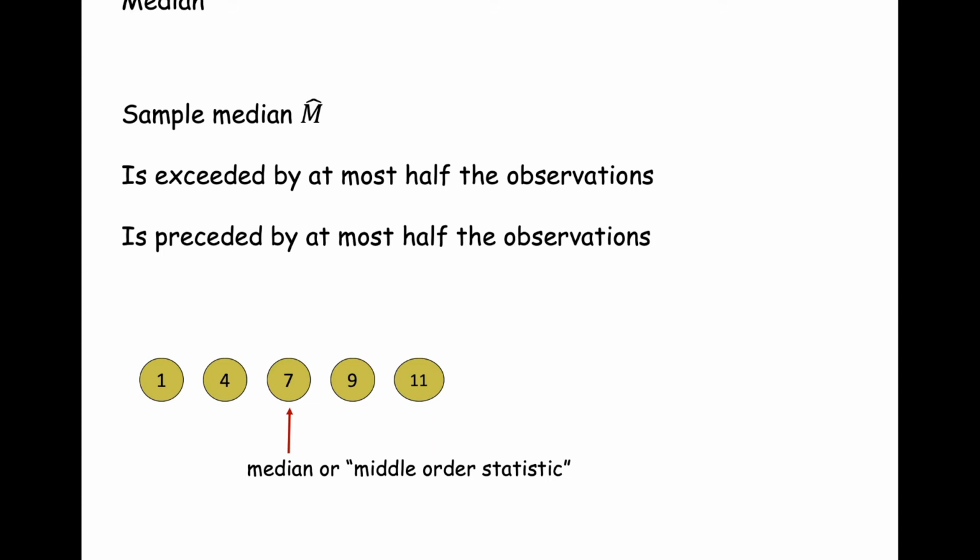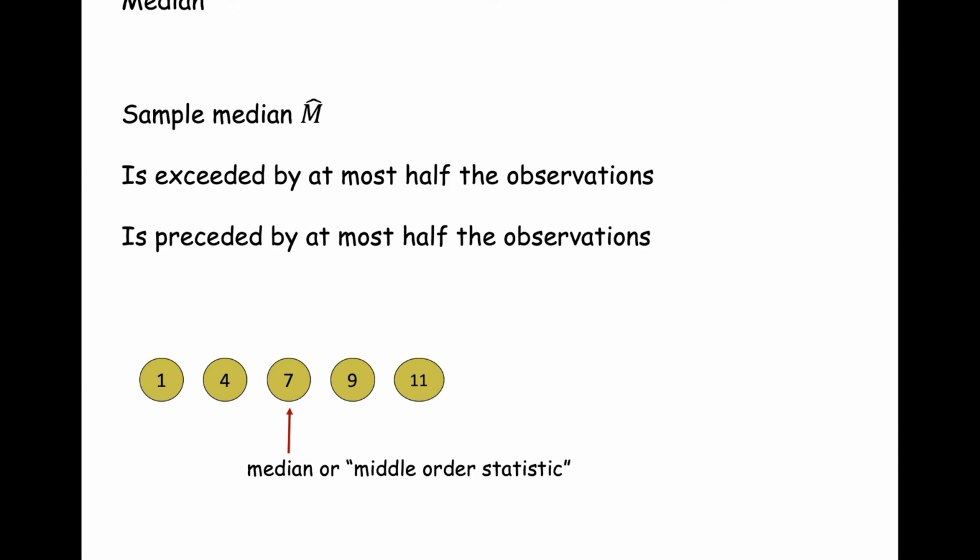Now, the order statistic refers to the ith value in some sorted order. And so the median is also called in the literature the middle order statistic because it's the order statistic corresponding to the middle, i.e. exceeded by at most half the observations and preceded by at most half the observations.